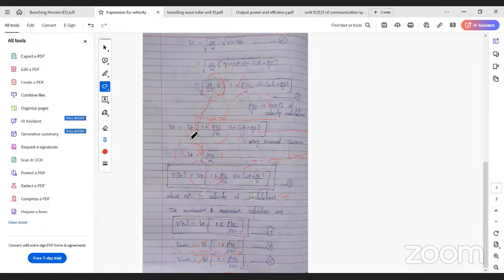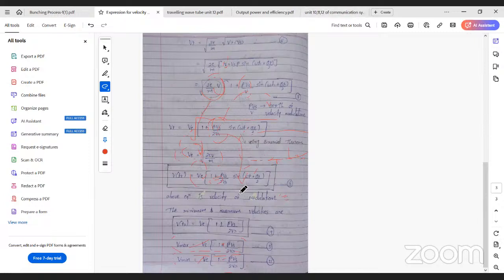Here you have root. In binomial expansion, only first term is considered. In that way, we are removing root here from the first term to the second term. I wrote here, children, binomial theorem from 7.7, expanding this one using binomial theorem, the root is removed.